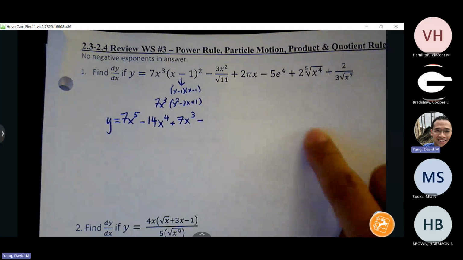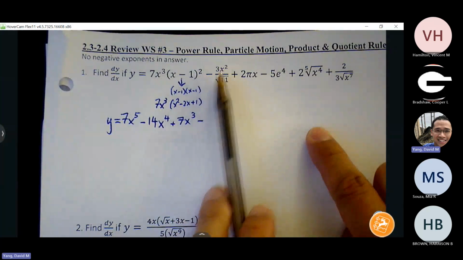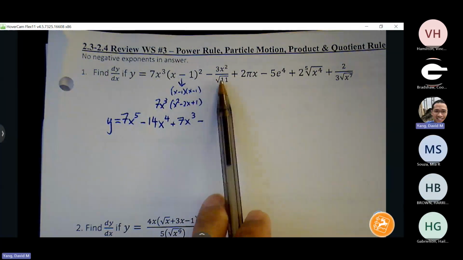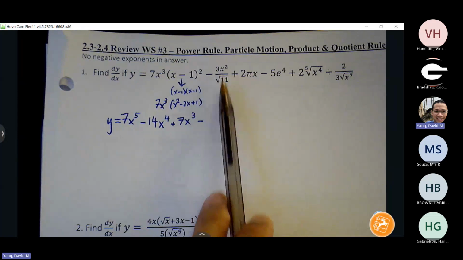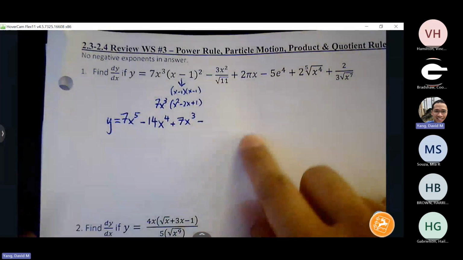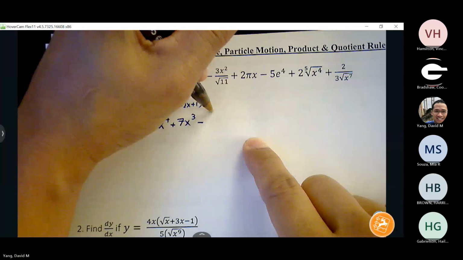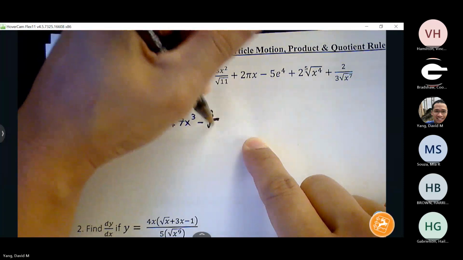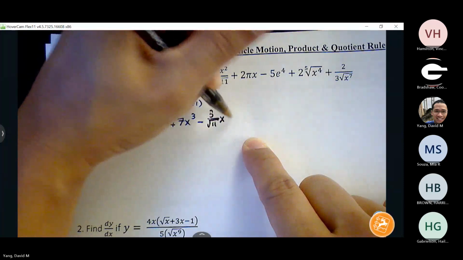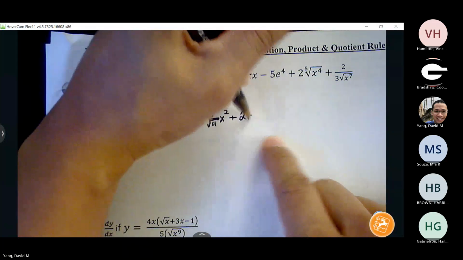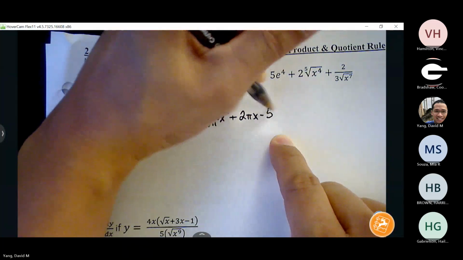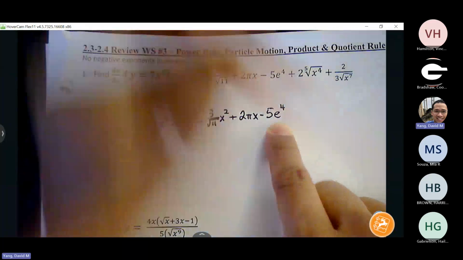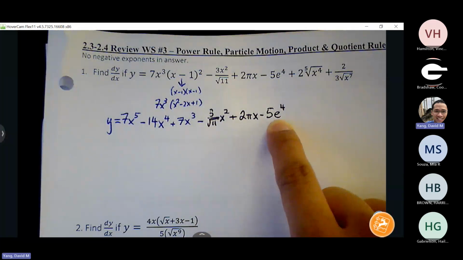Okay, we keep going. This is basically ready for power rule, but we like to push coefficients in front of the variable so that it doesn't look like it's beneath it. E is just a number like pi, so we know that's not a variable. We know that's just a constant, right?